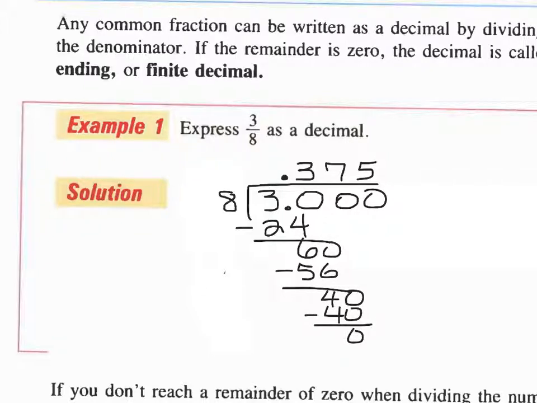I get my remainder of 0. So this is an example of a terminating decimal because when I divide, I actually get a remainder of 0. So the decimal equivalent for 3/8 is 0.375.